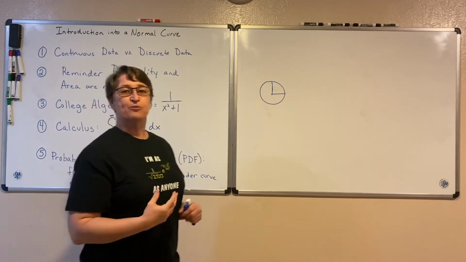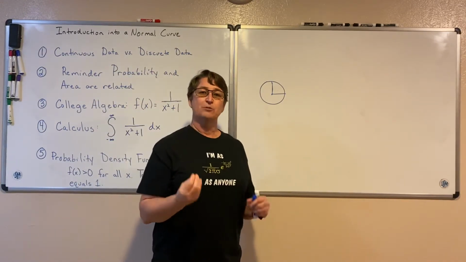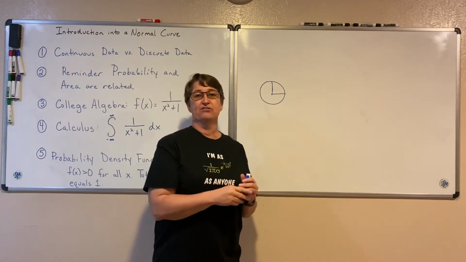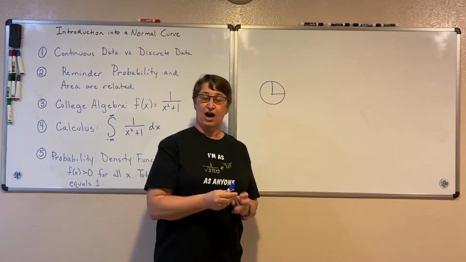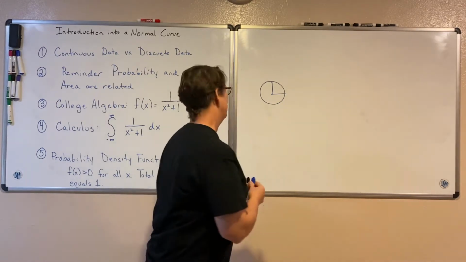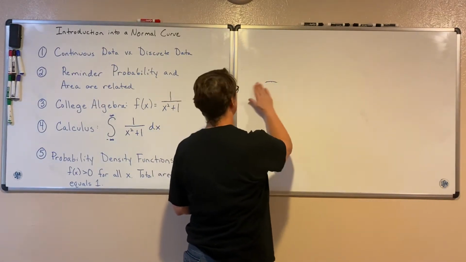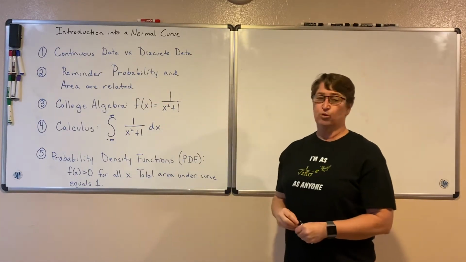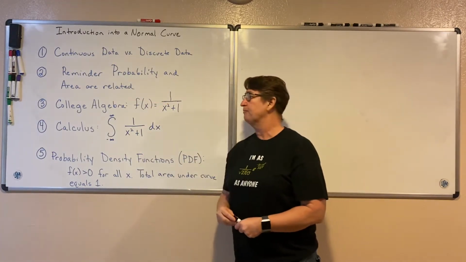Or when we drew our symmetric sample space, we could see the area of that sample space is what gave us our probability. So probability and area are related. That's a big deal when we're talking about our normal curve.